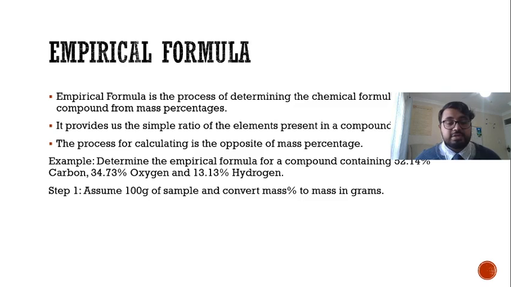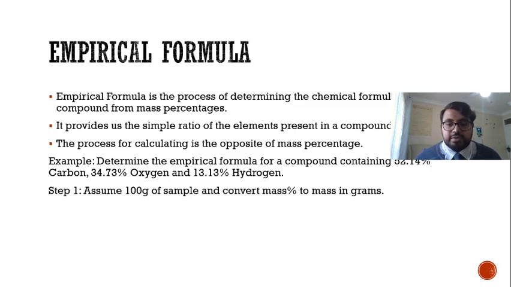The first step is we're going to assume that there are 100 grams of the sample we've been given. If we add our percentages up, we should get 100%. So we take that 100% and assume it's 100 grams, so that we are able to get a mass in grams.